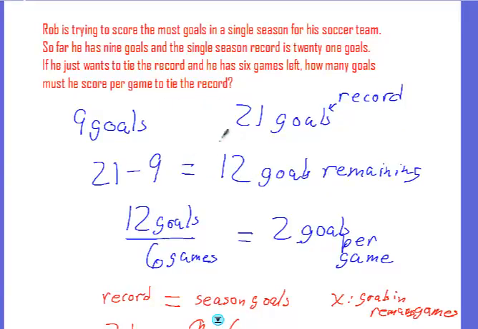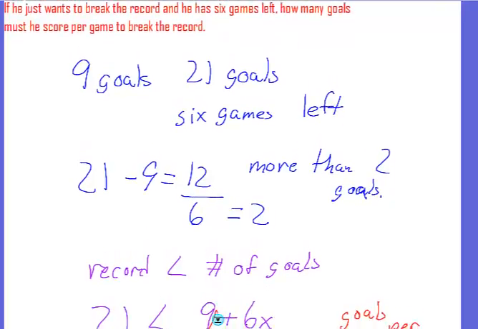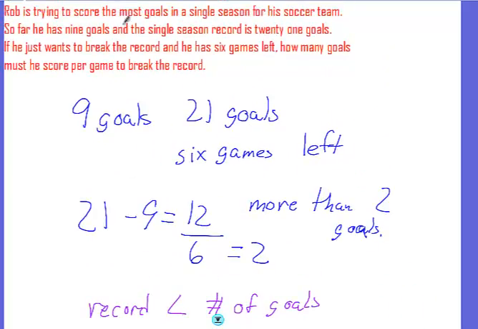We could only figure this problem out by solving equations, because you can only tie it by scoring a certain amount of goals per game, which we found to be 2. But when he wanted to beat the record, there's an infinite number of goals he can score. As long as he scores more than 2 a game, he's going to break the record.